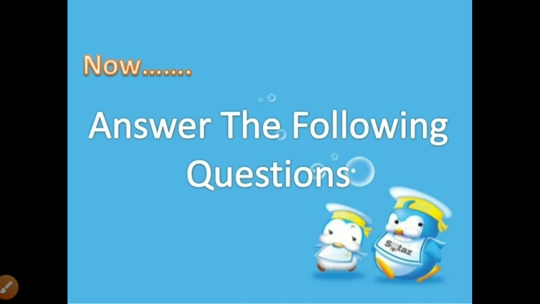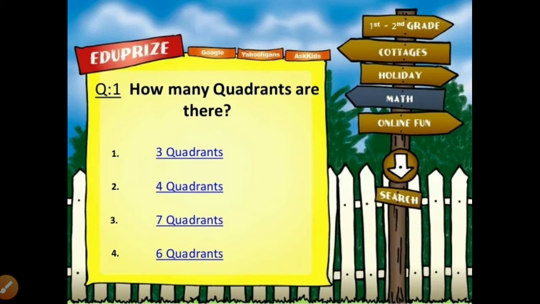Now get ready with your questions and answers. I will show you some questions. The first question is: how many quadrants are there? The options are 3 quadrants, 4 quadrants, 7 quadrants, 6 quadrants. Comment with the correct answer.